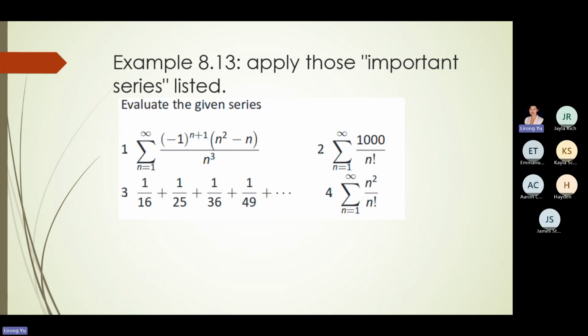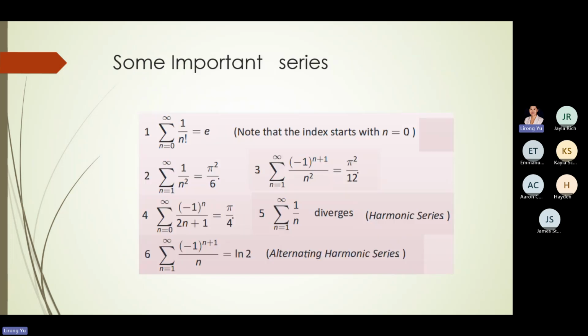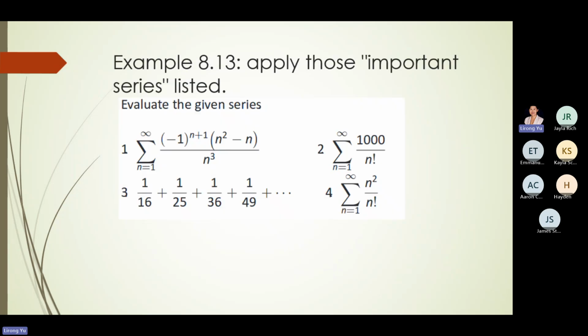Out of the 4 examples, the most straightforward is number 3. You can see that was 1 over 16. This one does not have the summation notation, but you can see there were all squares, right? 4 squared, 5 squared, 6 squared in the denominator. So number 3 I can immediately see is related to number 2, the second special example.